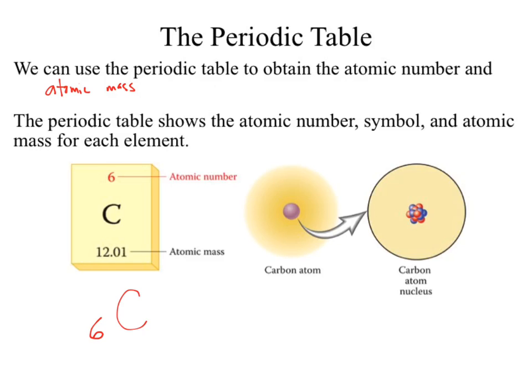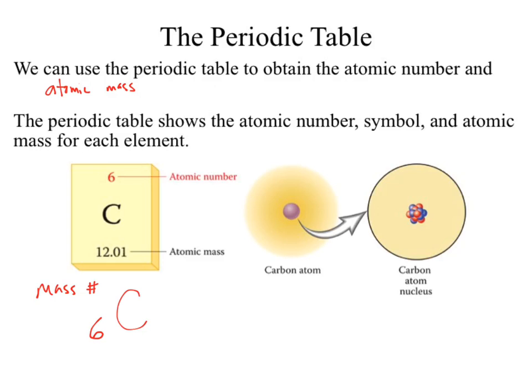Where do I write its mass number? The top left. So my mass number should go up here. Do I know what it is? At this stage, I don't.